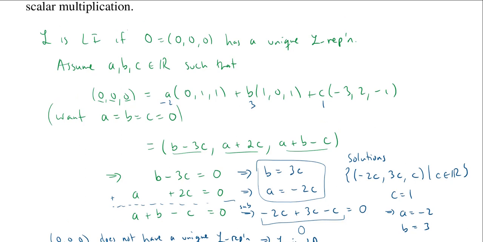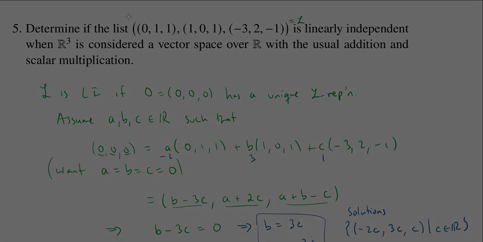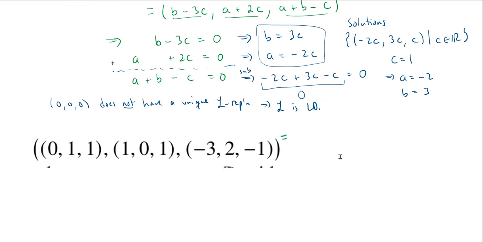And so let's go back up here. I'm going to make a little copy of our vectors. Now let's move those down. And let's say that I really did believe that this was linearly dependent.